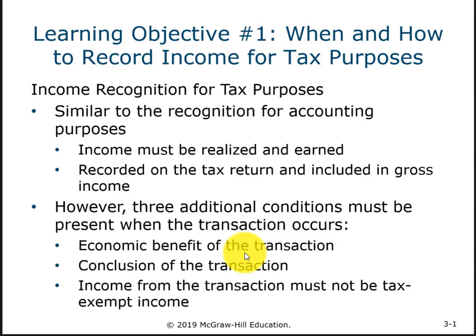Any kind of income is taxable or included in gross income, recognized, unless there are specific rules to say otherwise. So the default is always that it should be recognized or included in our income.